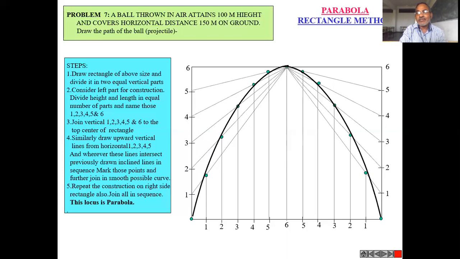Put the digits 150 meters. Normally we write just digits, not mm, but here you put 150 meters. And for the vertical line, that is for the axis, give the dimension as 100 meters.